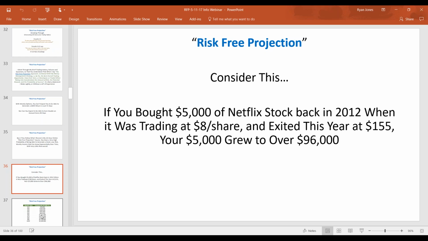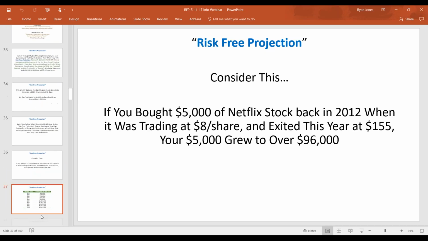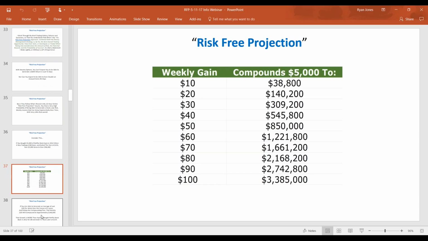Of course not. It's just not a realistic, attainable goal for us to find these great stocks and then make a killing over the next 5 years. It's not going to happen. It's not realistic. However, if you generate low risk weekly income and you average over a 5-year period only $10 per week and apply it to the compounding table that I provide you, that $5,000 can grow to around $38,800.